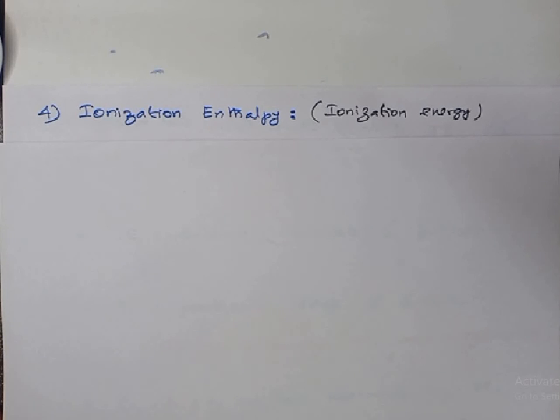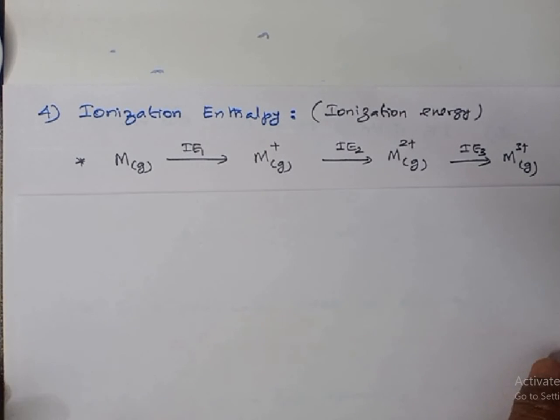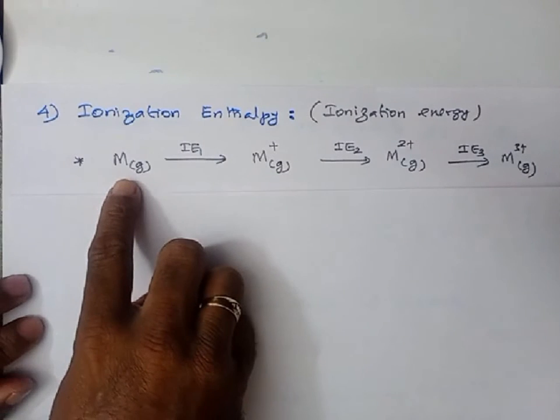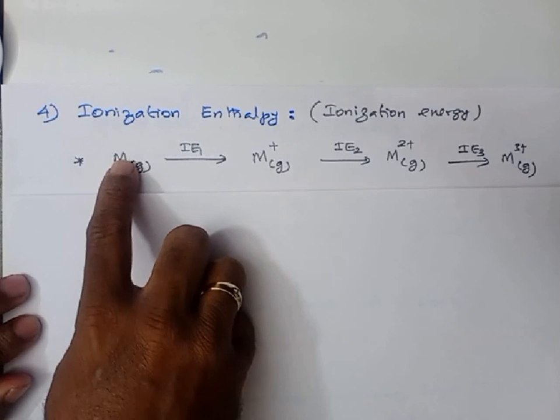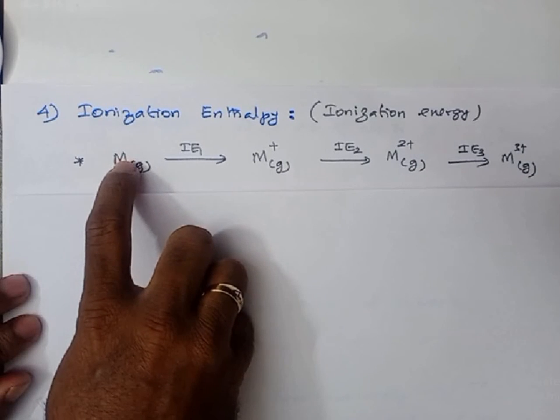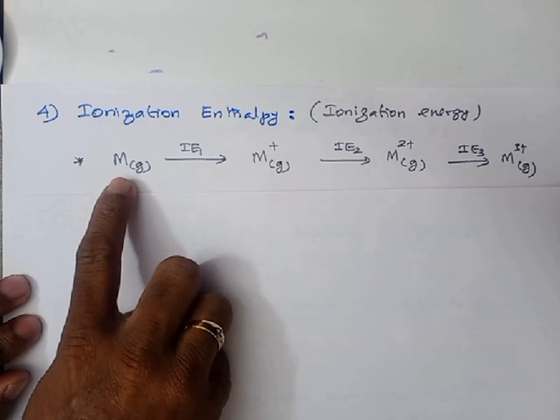In general, metals have the tendency to donate electrons. Suppose you take a metal atom in the gaseous state. These are all individual metal atoms, students. There is no metallic bonding here.